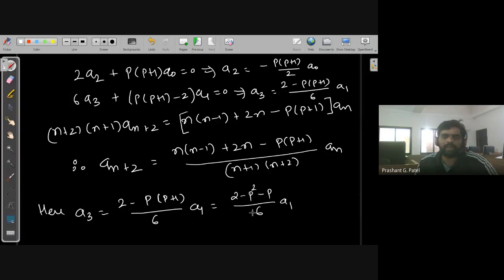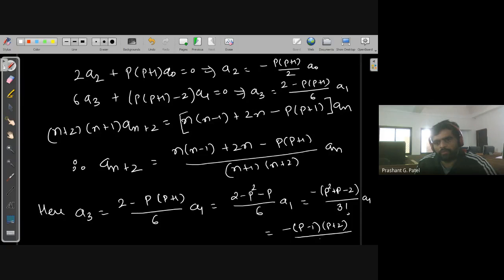But 6 I can write as 3 factorial, and this I can write as p square plus p minus 2 upon 3 factorial a1, with a minus sign, and this quantity can be factorized as p minus 1 p plus 2 upon 3 factorial a1. So this is the value of a3, and this will be the value of a2.